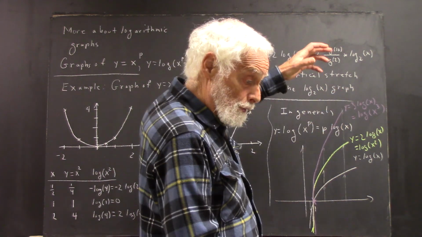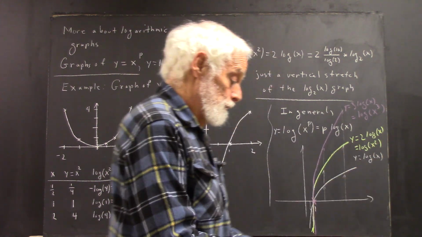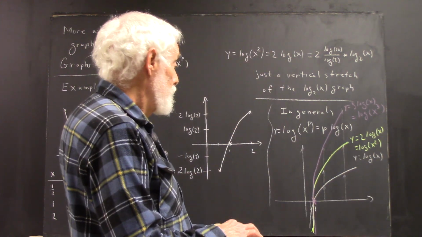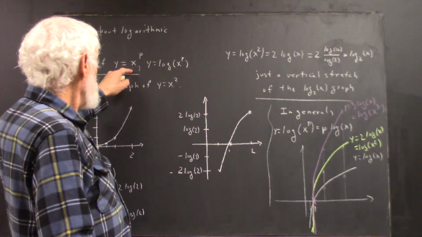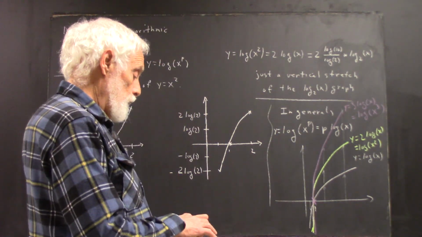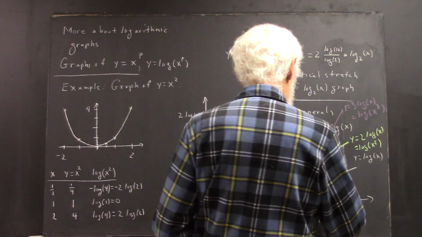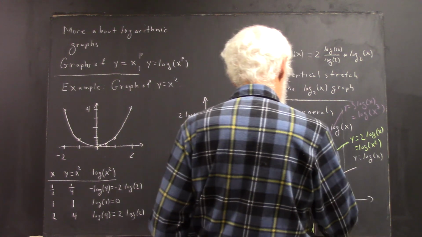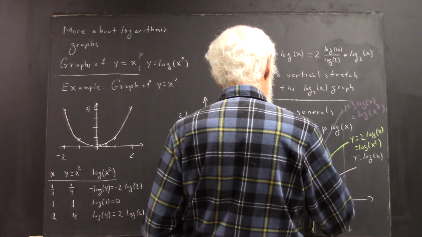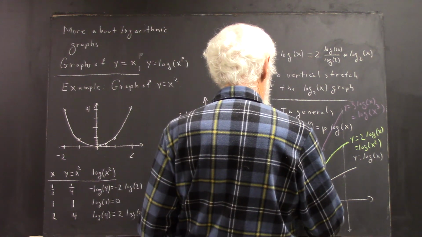Just vertically stretching. The more we stretch, the higher the power of x for which we're graphing the log of x to that power, the graph of log of x to the p. And of course we could have a negative vertical stretch.